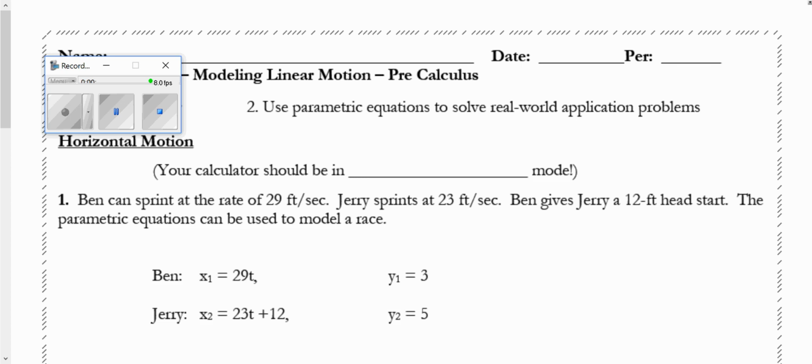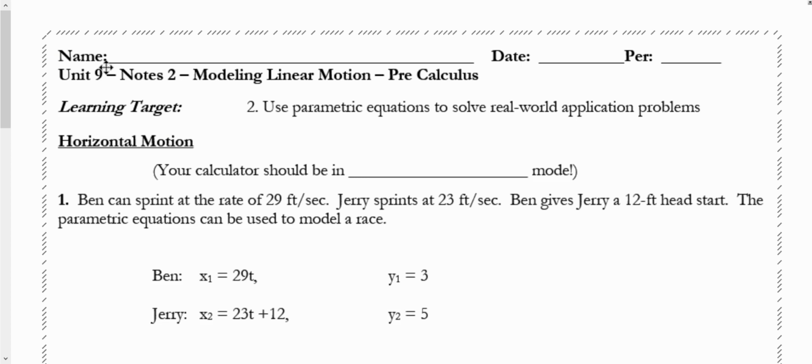This is Mr. Rutherford. And today we're going to be using parametric equations to solve real-world application problems. And we're going to be talking about horizontal and vertical motion today. So first of all, let's make sure you got your calculators out, ready to go. We're going to be doing a lot with your calculator.